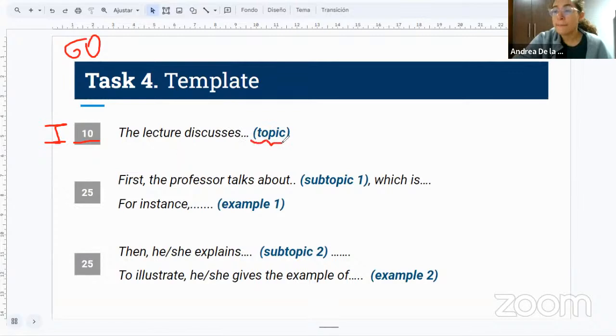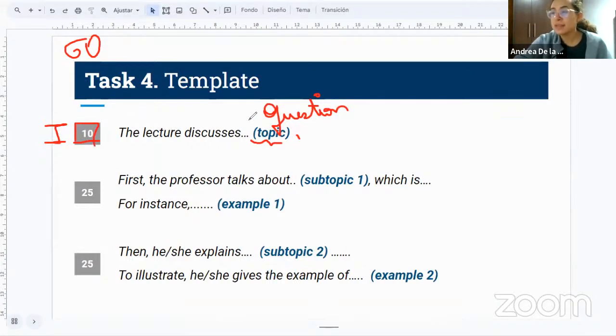You mention the topic of the lecture. And what is the topic? The question, what you have in the question after the word explain. So you don't have to do anything here but read. You say the lecture discusses the two major factors of product quality. You're getting that information from the question, so you don't have to do anything but look at the question when you're doing your introduction. And 10 seconds is more than enough to do that.